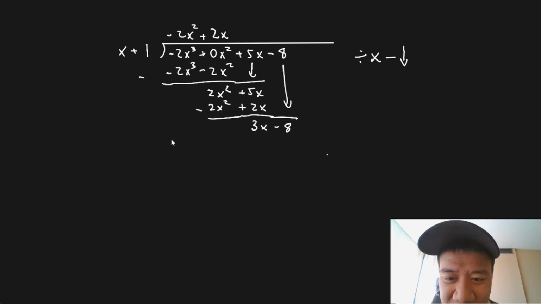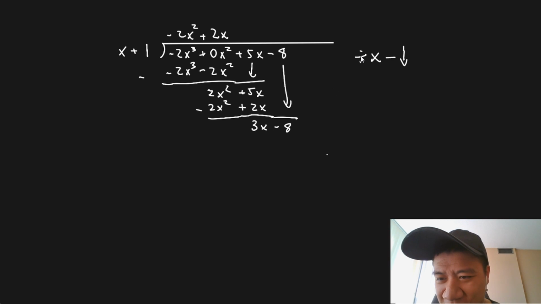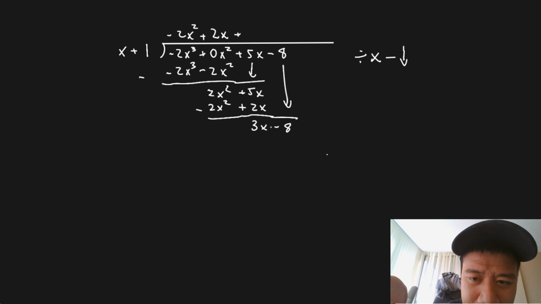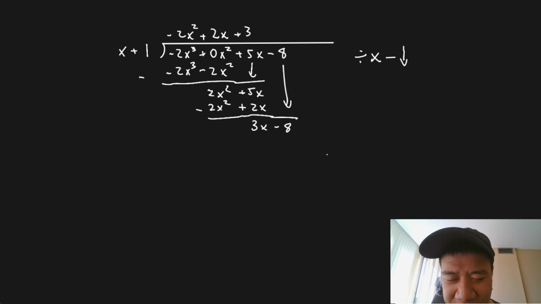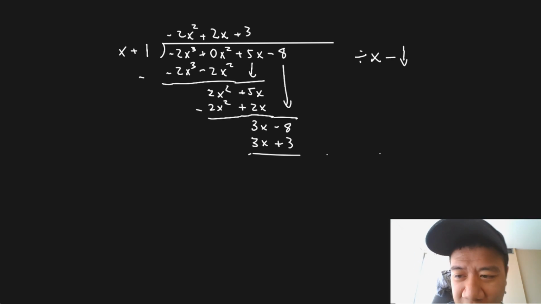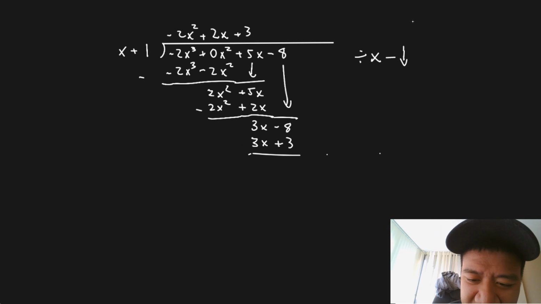All right, last one. So division, repeat the process. 3x divided by x gets us 3. Next, that's multiplying. 3 times x plus 1 gets us 3x plus 3. Next step is subtraction.